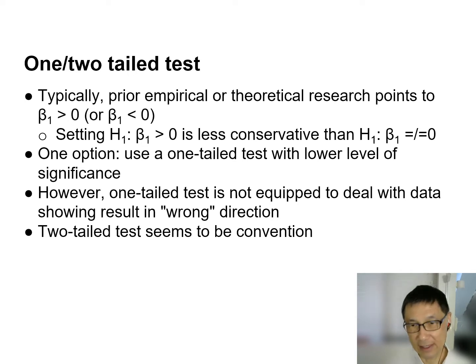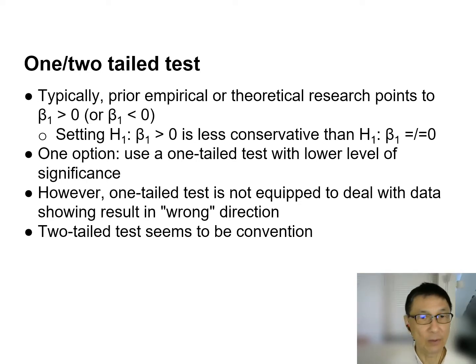However, a one-tail test, as you saw from the previous figure, allows a bigger error region. So it's less conservative than a two-tailed test. One option might be to use the one-tailed test, but with a higher confidence interval, let's say 99% instead of 95%, that is a lower level of significance.